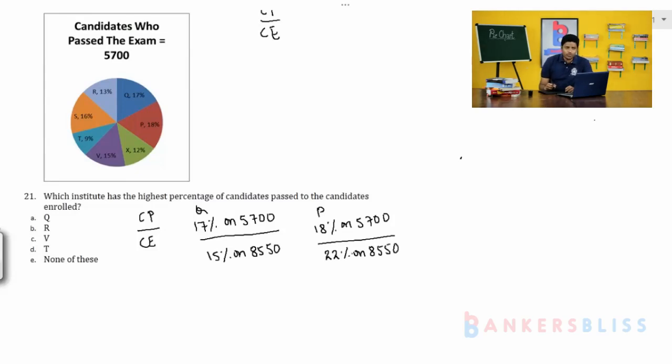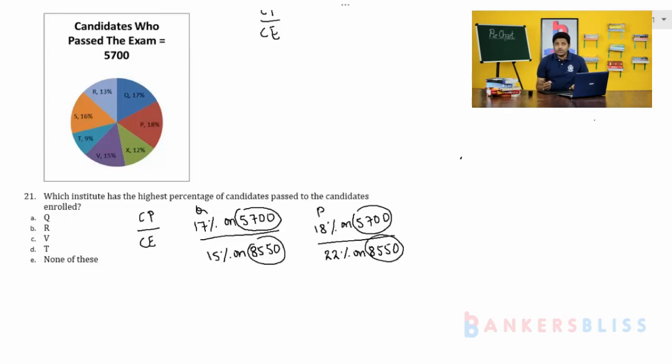If you observe properly here in Q and P, this 5700 and 8550 is a common factor. See, for Q, P, X, V, T, S, R, for everything we are going to get the same common factor, that is 5700 divided by 8550.